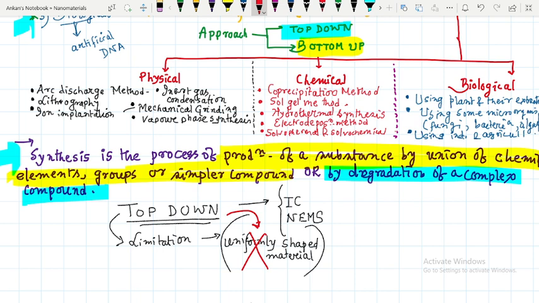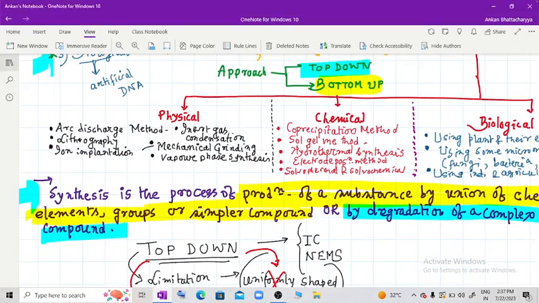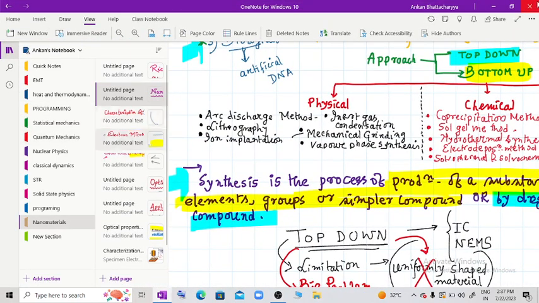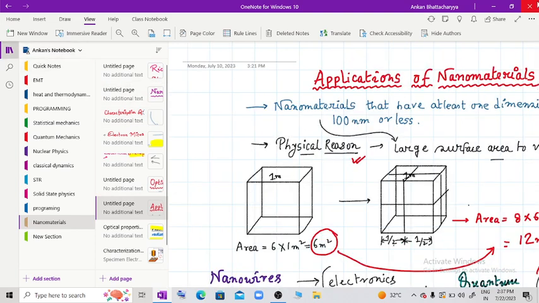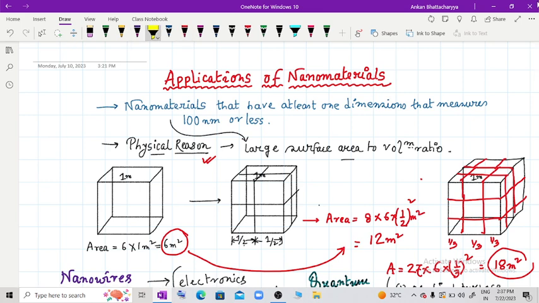But the biggest problem is the imperfection of the surface structure of the prepared sample. As I will discuss in some later lectures on applications of nanomaterials, the surface plays a dominating role in the case of nanomaterials.